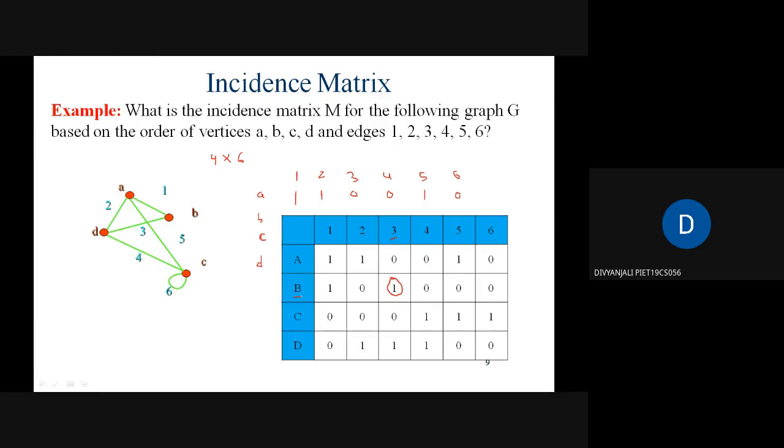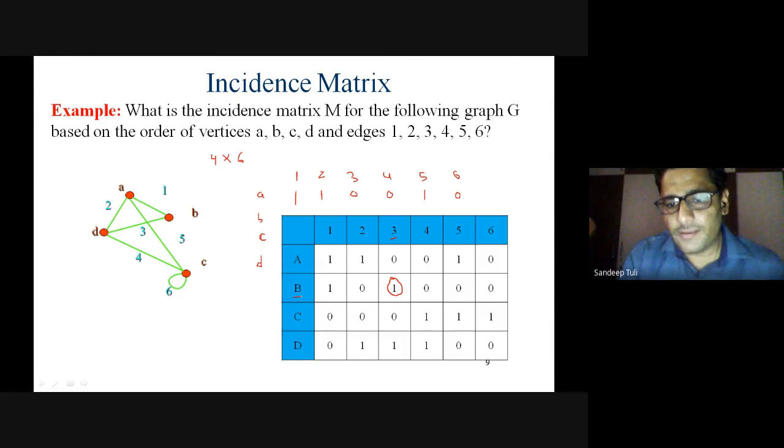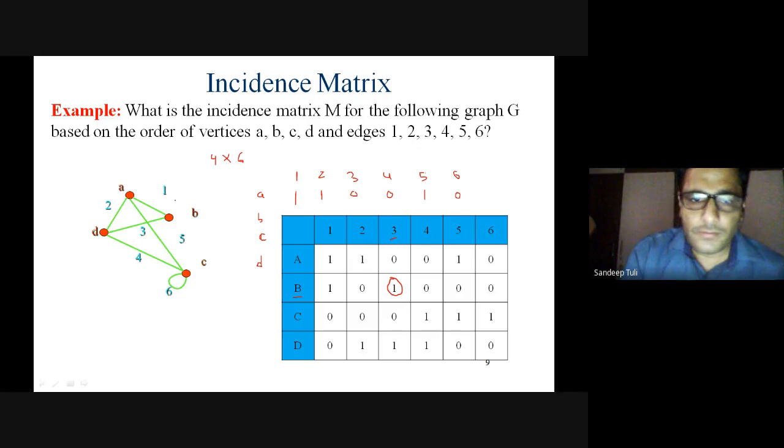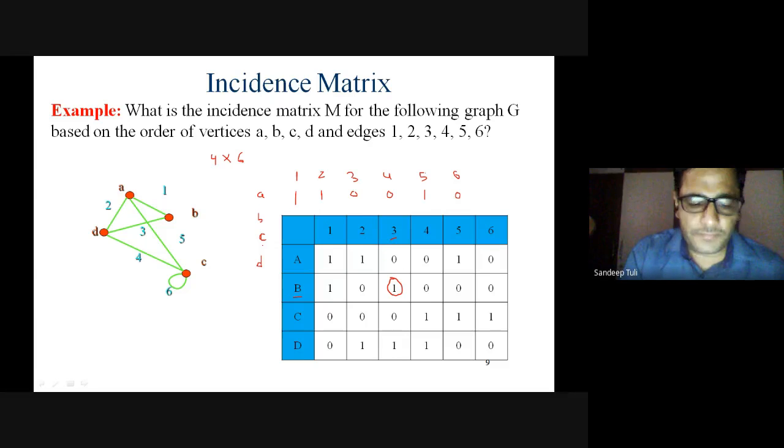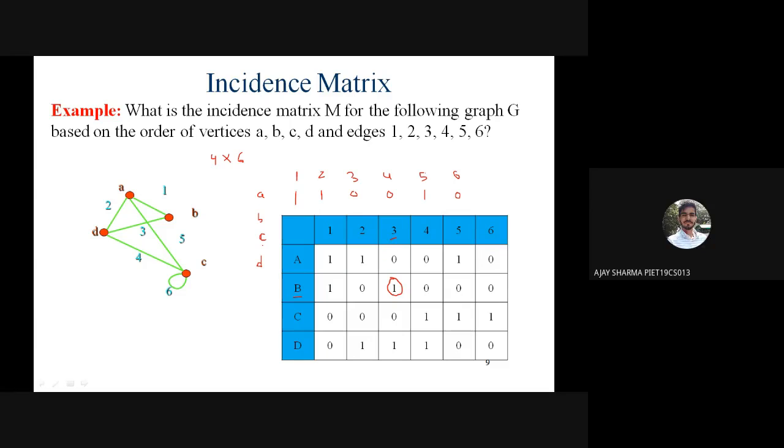Sir, here we are defining the order as n by E, and n is the number of vertices and E is the number of edges. Then why is it 4 by 6? Should it be 6 by 4?